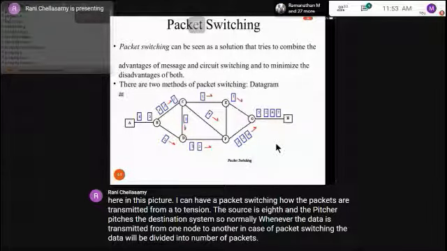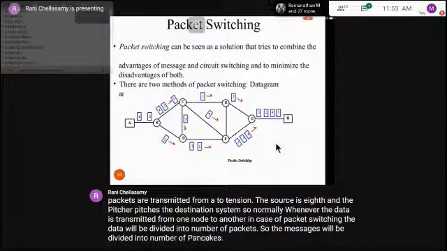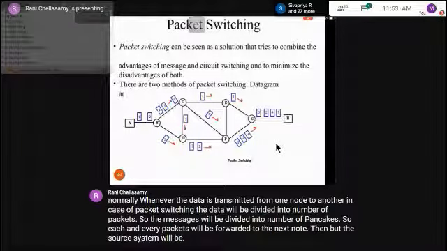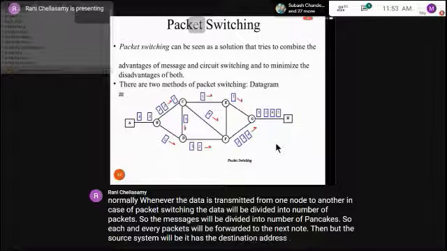Each packet will be forwarded to the next node, and the source system has the destination address in its message.